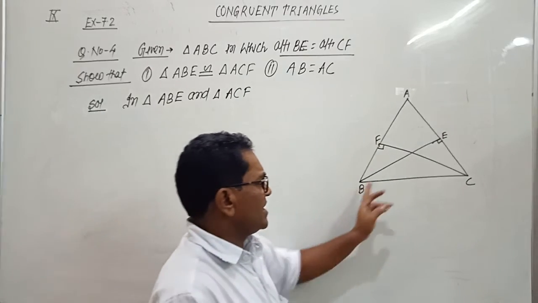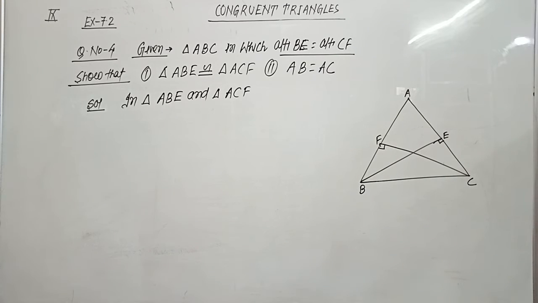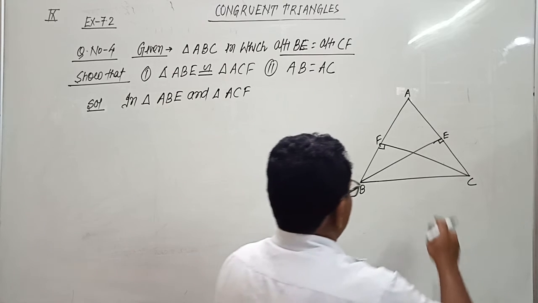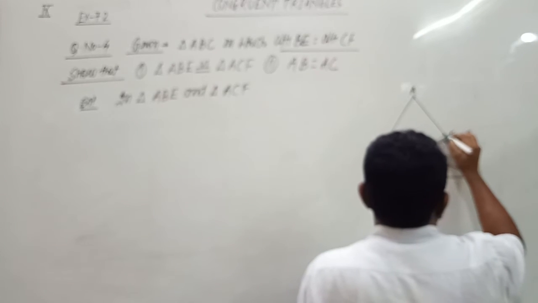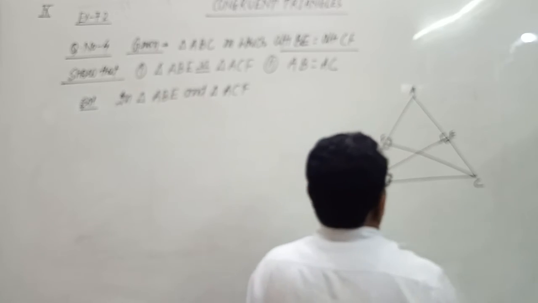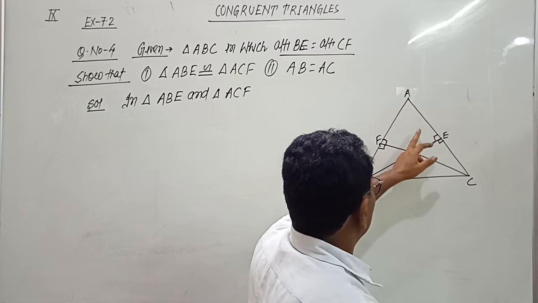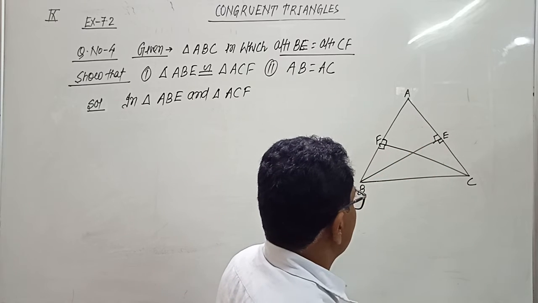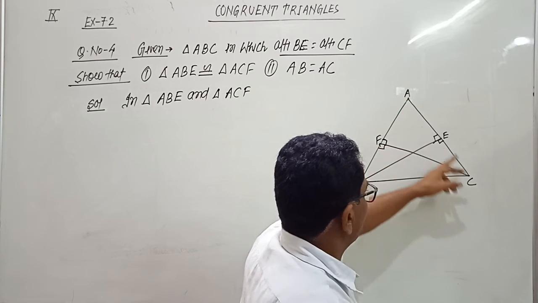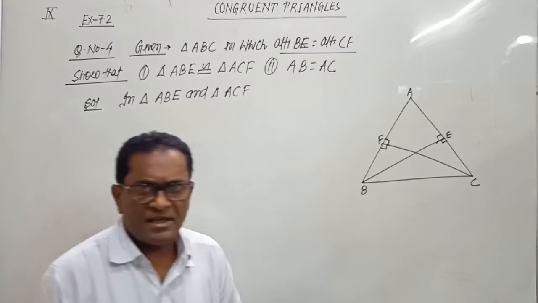In triangle ABE, angle AEB is 90 degrees, and in triangle ACF, angle AFC is 90 degrees.